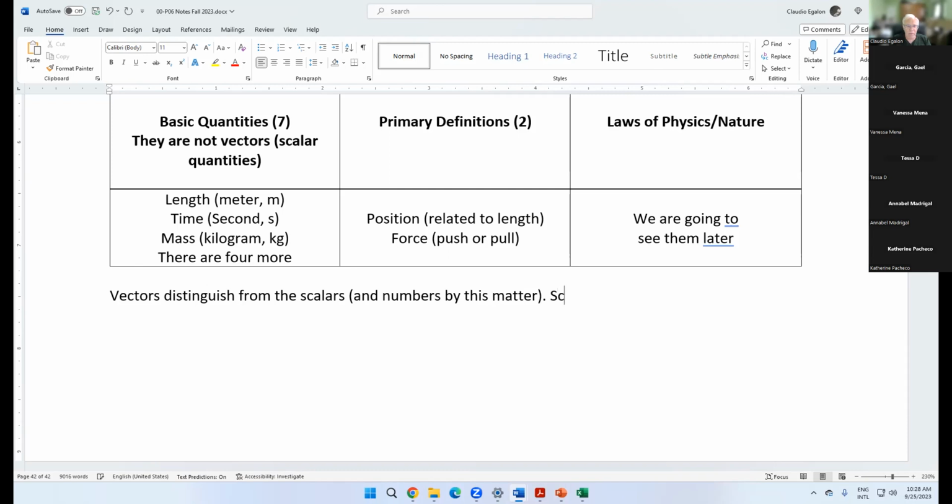So scalars versus vectors, right? Scalars are represented only by a magnitude, by a number that is always positive.